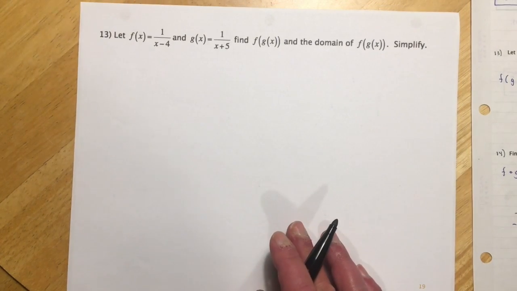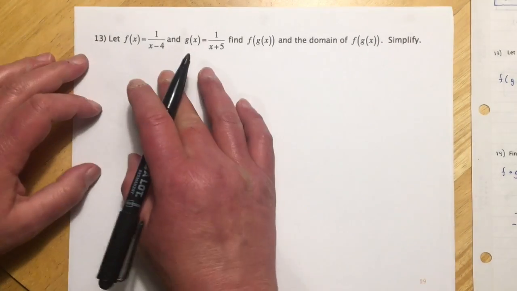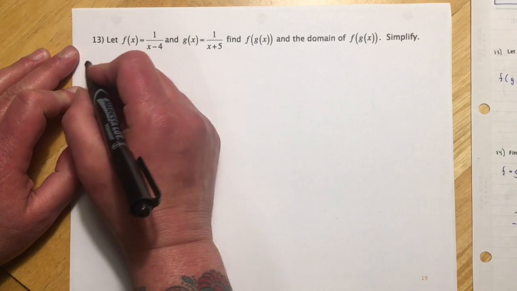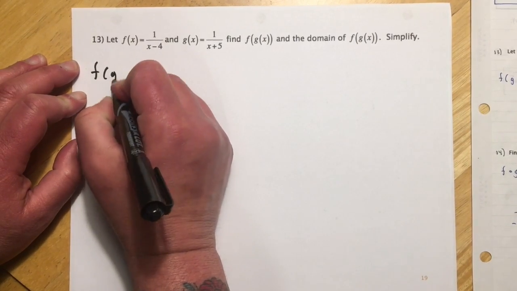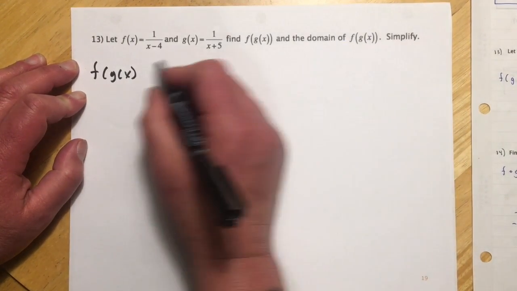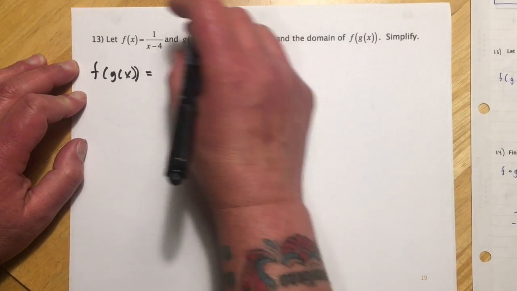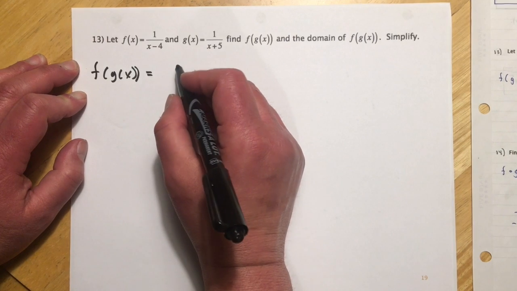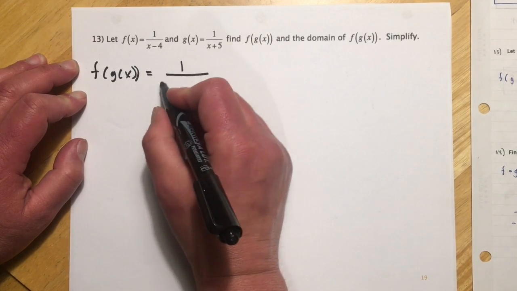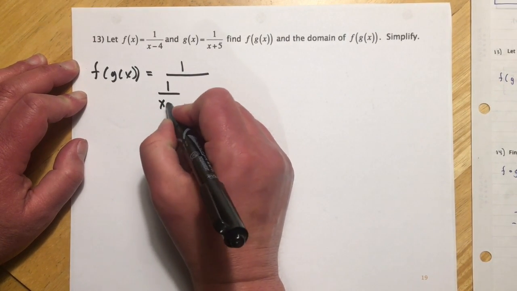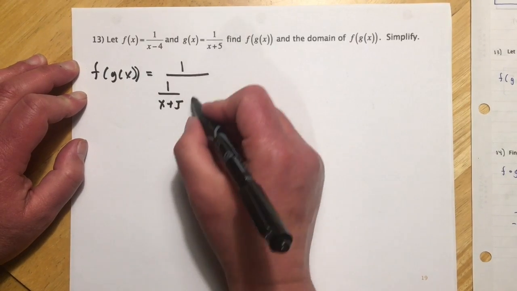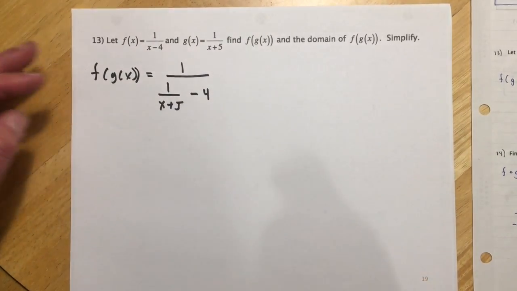Okay, this one's the same directions, but considerably harder because of the rationals. So f of g of x is what we're trying to find. So that means g is going to be substituted in for f. So that's 1 over x plus 5. So there's that substitution, minus 4.